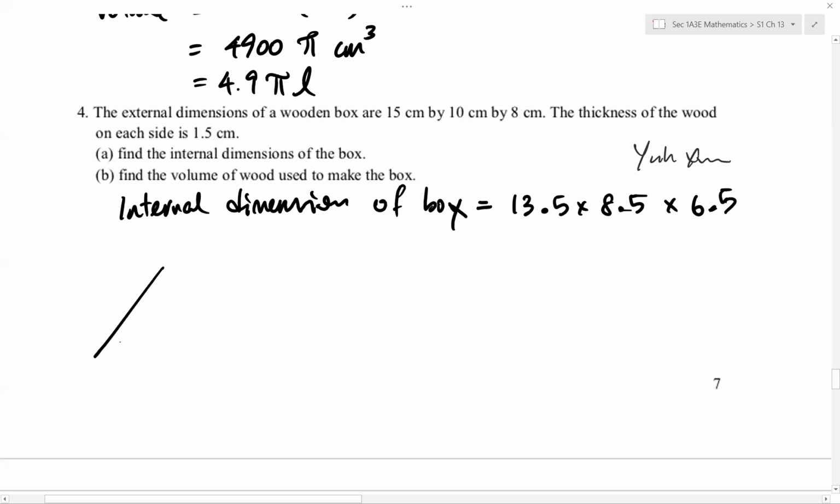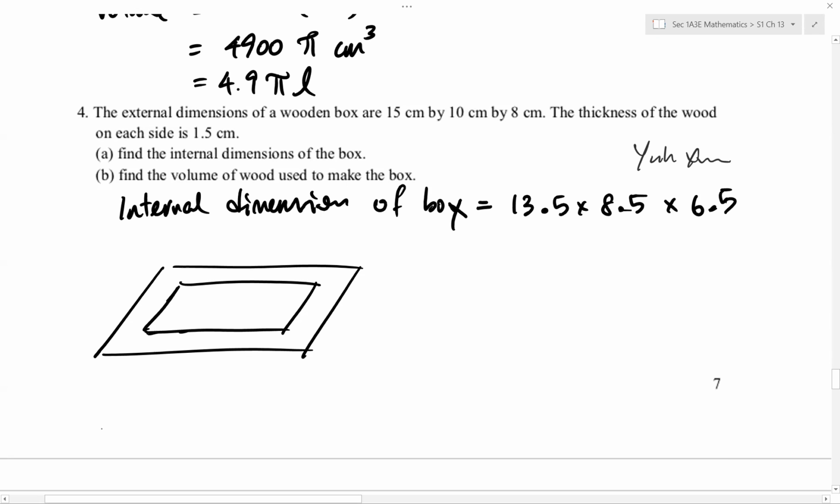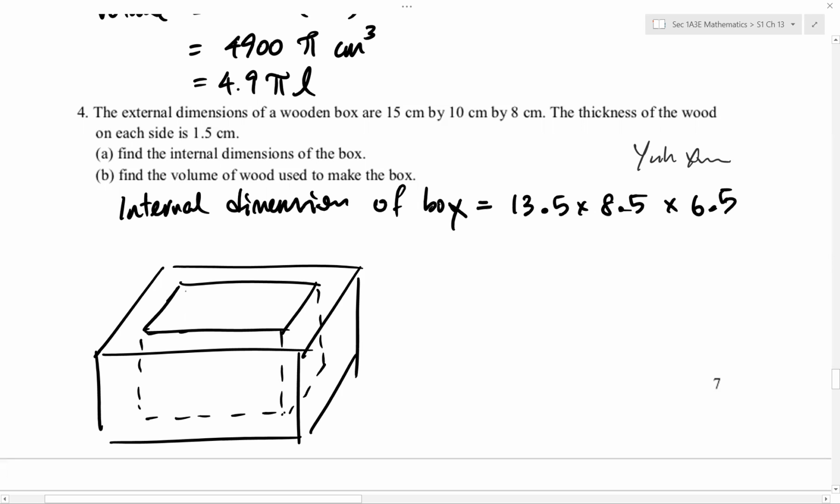So we have, I'm drawing the top view. Okay, this is the view, but I remove the cover. There's another cover.